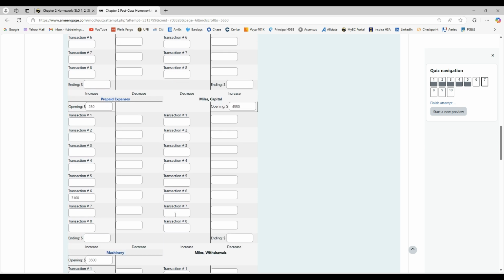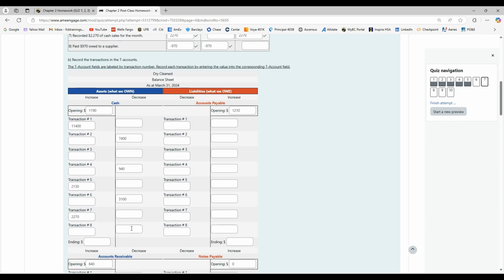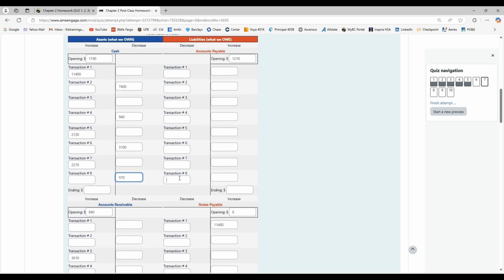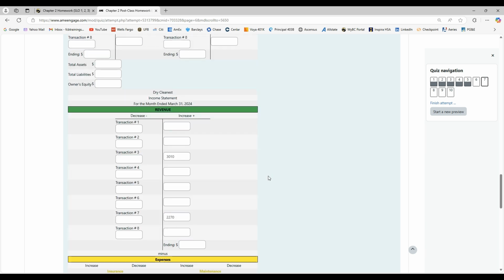And our last transaction, we paid $970 owed to a supplier for transaction 8. So $970 reduction in cash, and our accounts payable then will be reduced by 970 as well.